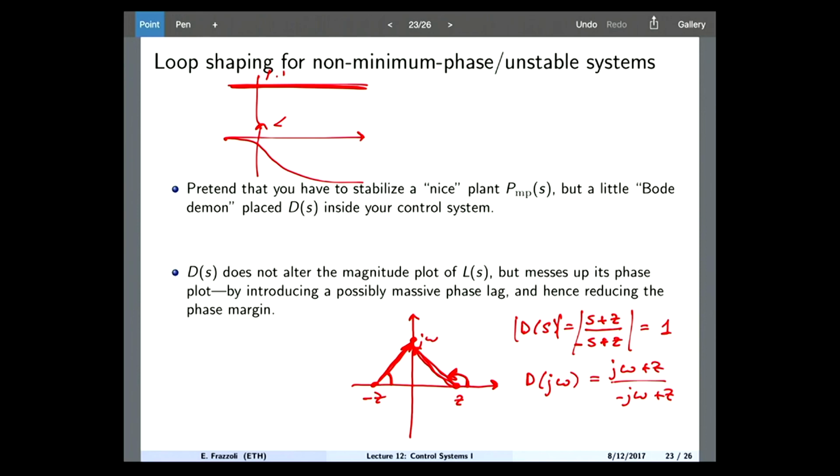However, what I call this little Bode demon is actually putting D of s in your control system. And D of s is something that doesn't change the magnitude plot, but introduces a phase lag in your phase plot, okay? So D of s does not alter the magnitude plot, but messes up its phase plot, and in particular, by introducing a possibly massive phase lag.